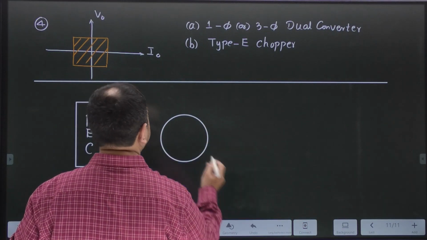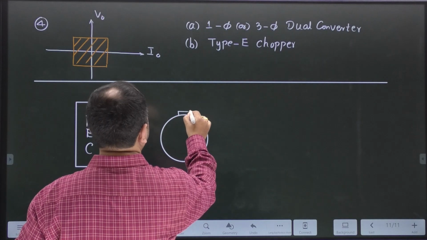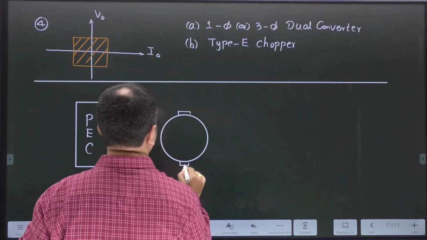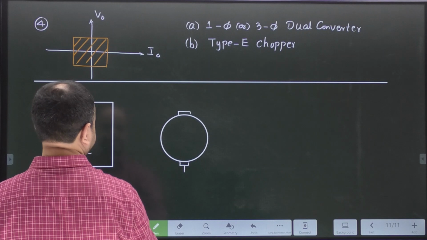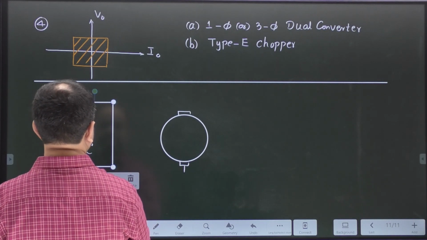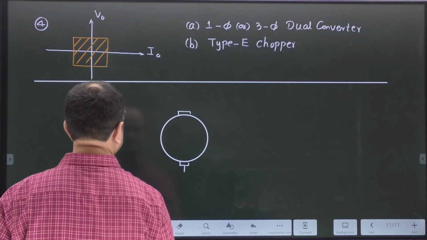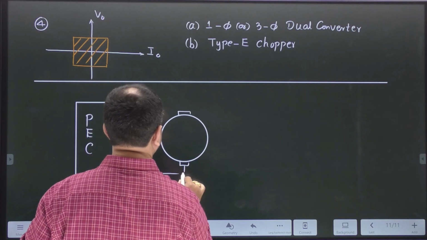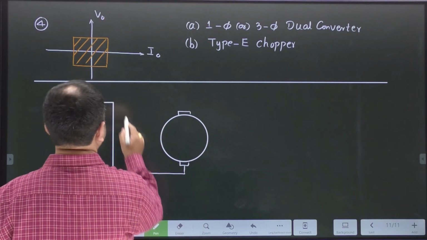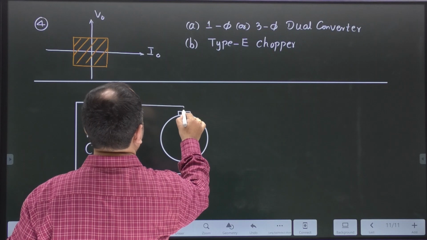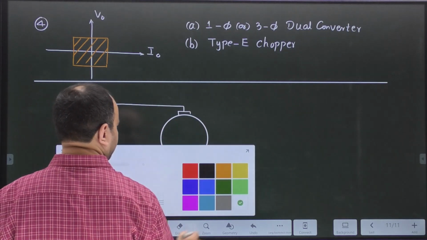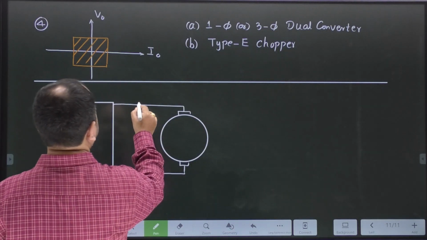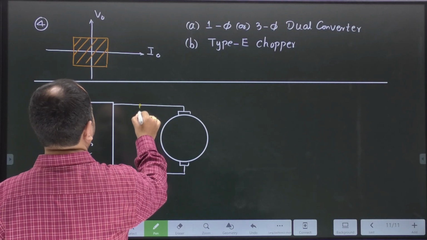Therefore, what is the balancing equation you have to use? Now follow very carefully here. It's a very simple concept. Don't be scared about the drives problems.